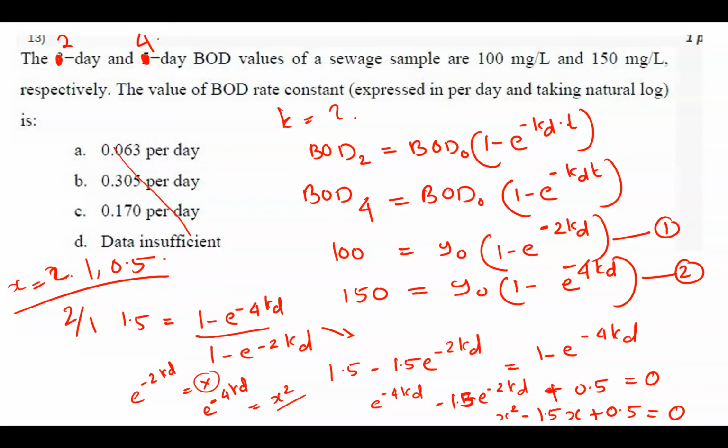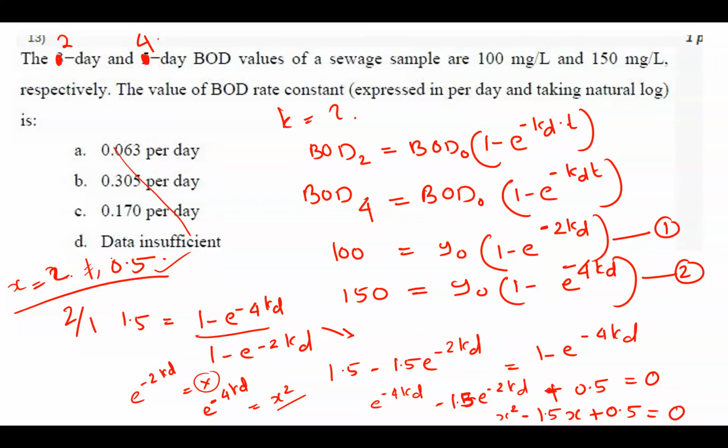So, seeing this, what value can you take for x? 1 or 0.5? See, 1 is not possible here. You have to take 0.5.